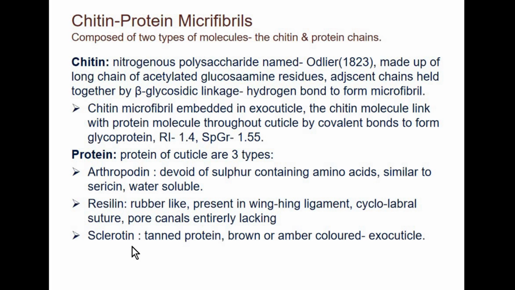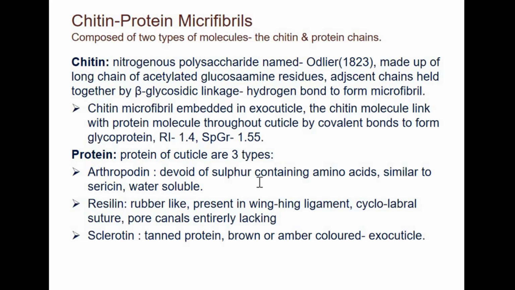So arthropodin is a kind of protein, a mixture of various proteins, and it is devoid of sulfur containing amino acids. It resembles sericin of silk gelatin in its general properties.